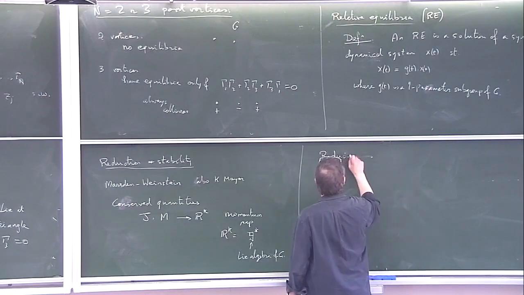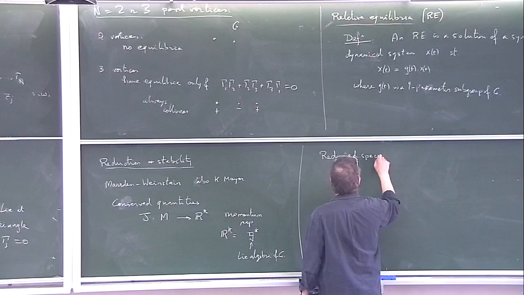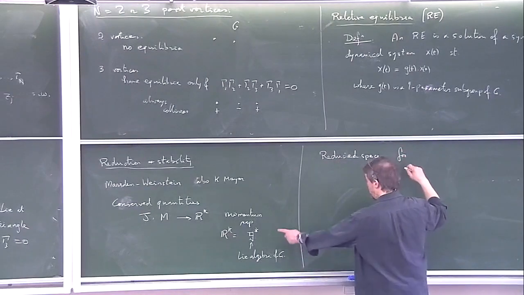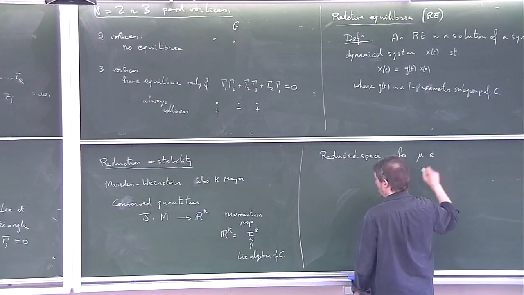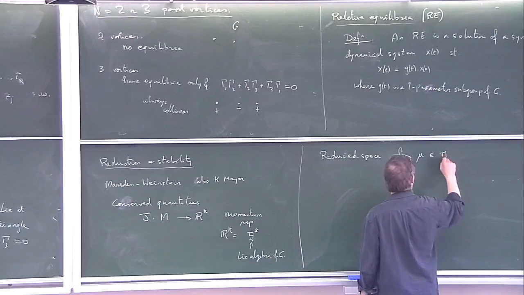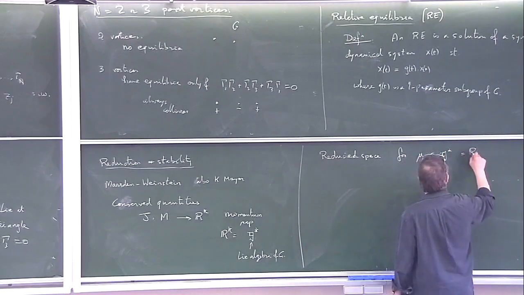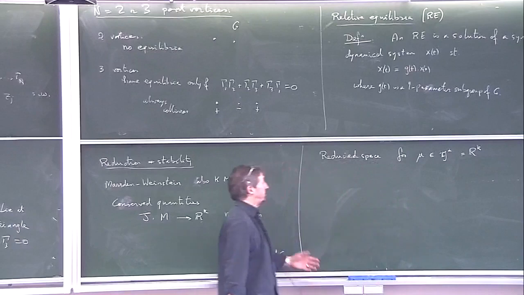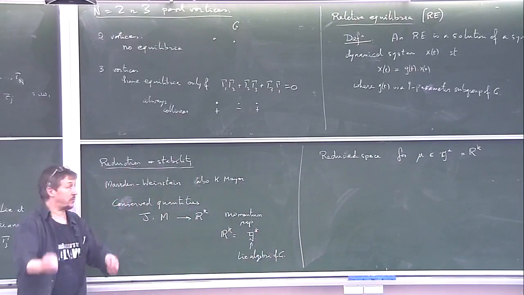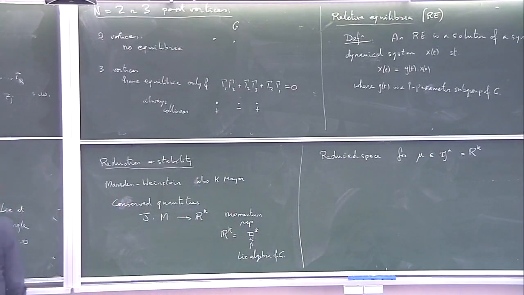So the reduced space for a fixed constant, let's call it, as it usually is, mu, in this vector space. That means I'm fixing each of the constants of motion.